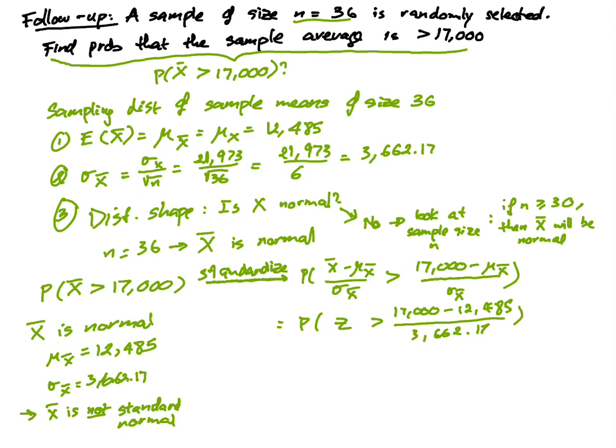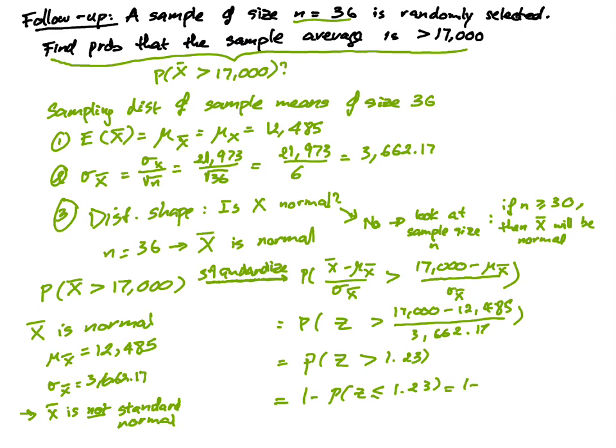Okay, which is the probability that z is greater than 1.23. Now, in order to use a table, we need to flip the inequality sign. So this is equal to 1 minus the probability that z is less than or equal to 1.23.